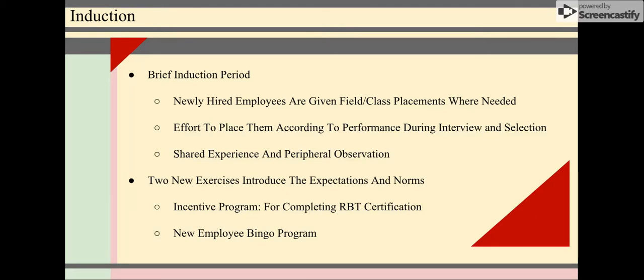Two exercises we have introduced recently are the incentive program for completing the RBT certification and maintaining it over time, and the new employee bingo program, in which new employees follow step-by-step instructions for learning about the new program and the new school setting. They'll learn about different ways of interacting with their email and internet and the expectations of the job.